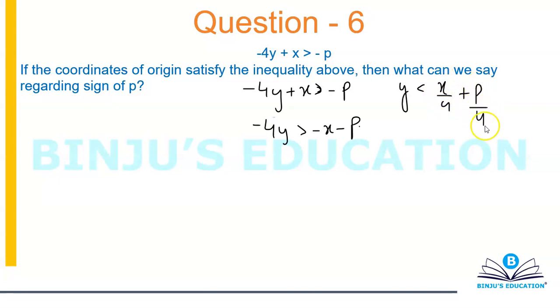And this will be my equation of concern. So rather than writing it as -4y plus x is greater than -p, I have rewritten this as y is less than x by 4 plus p by 4. If the coordinates of origin satisfy the inequality above, then what can we say regarding the sign of p?